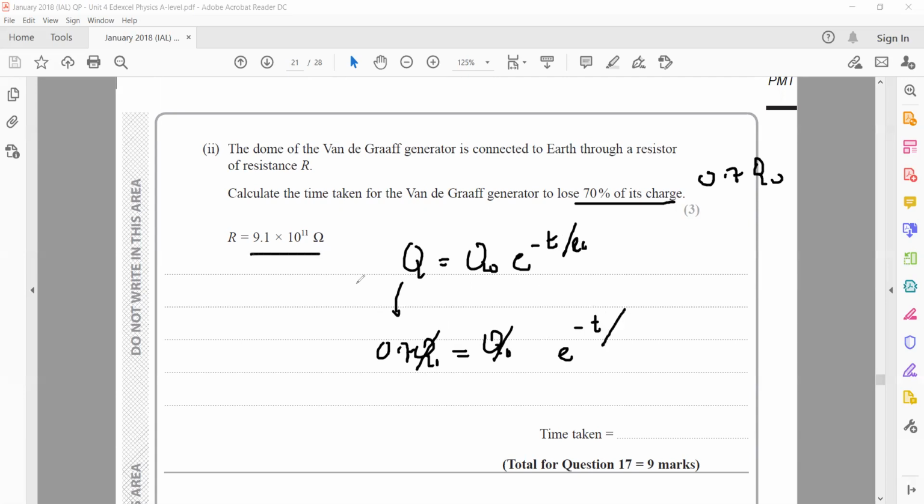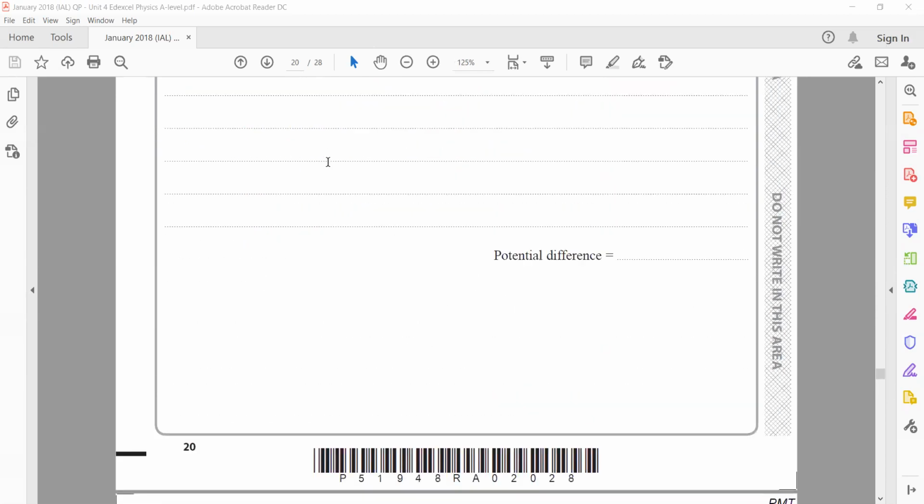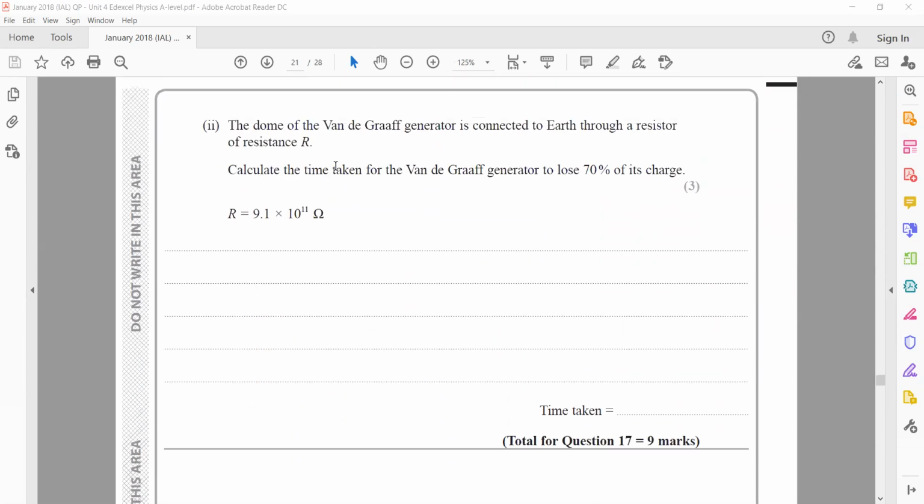R is the resistance through which it discharged, 9.1 times 10 to the power 11. And C is the capacitance, which we will work out from the previous formula. We'll substitute the value of the capacitance, take the anti-log, and you will get the time taken by this capacitor to discharge 70% of its original value.